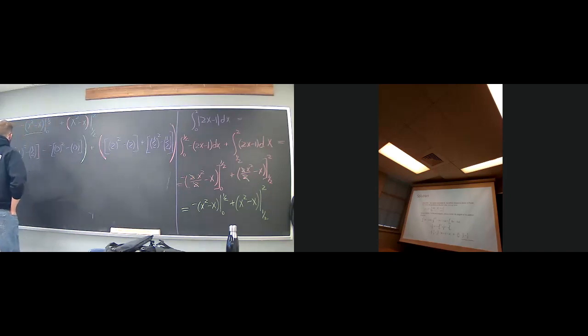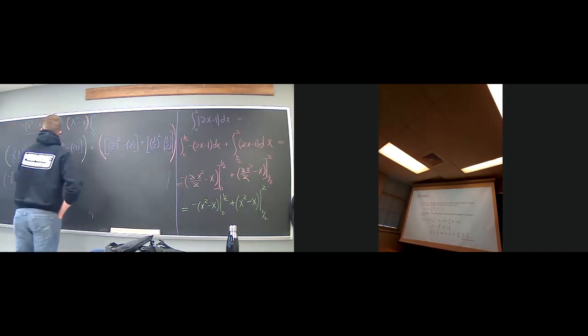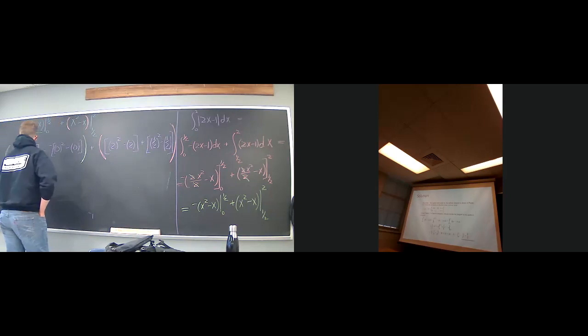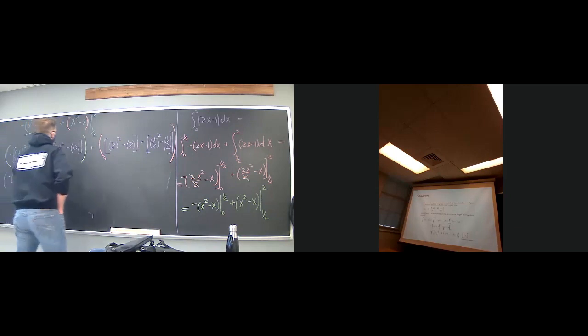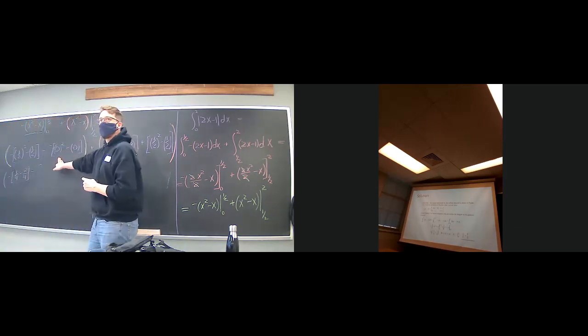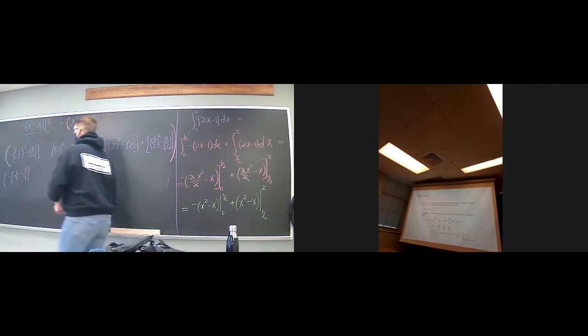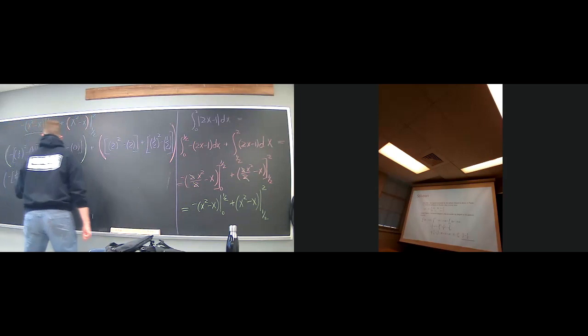Here, we're going to get negative (1/4 minus 1. We can rewrite this 1/2 as 2/4, minus negative. Well, all of this is just going to be 0. Let's leave the 0, just keep track of terms.